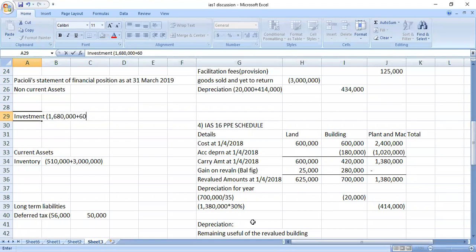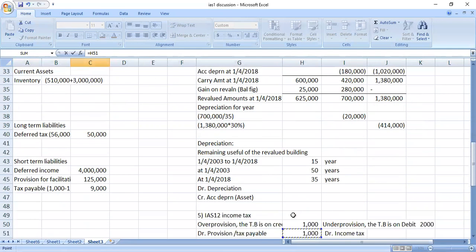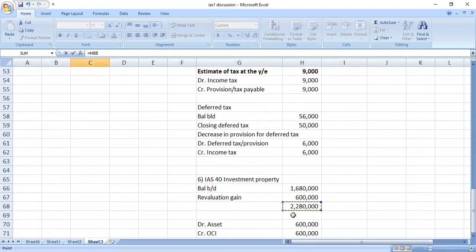Since I have a working, let me just say working 7. Then you bring the final figure, which you got, which is this.